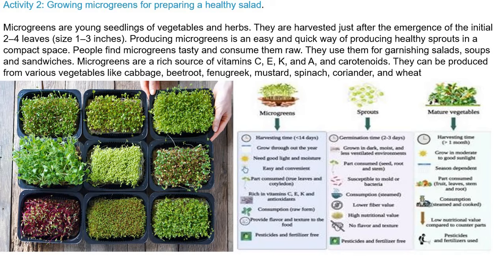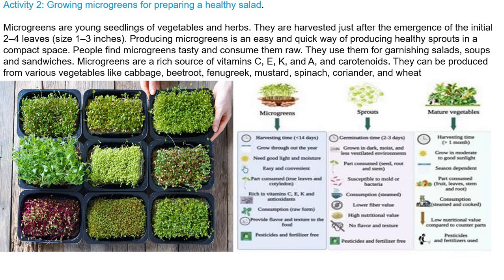Next, move to activity 2, growing microgreens for preparing a healthy salad. Microgreens are young seedlings of vegetables and herbs. They are harvested just after the emergence of the initial 2 to 4 leaves, size 1 to 3 inches. Producing microgreens is an easy and quick way of producing healthy sprouts in a compact space.